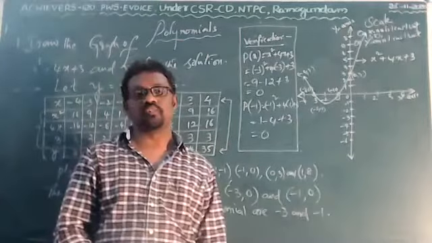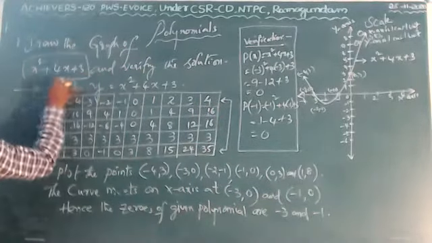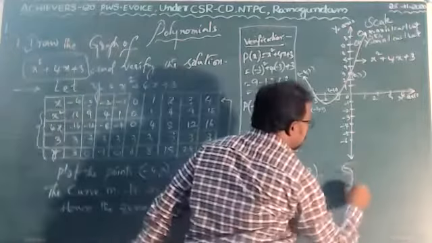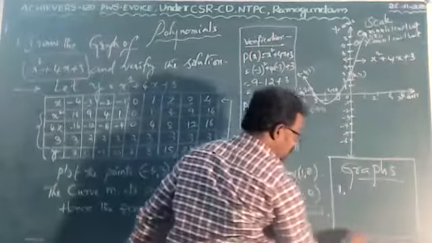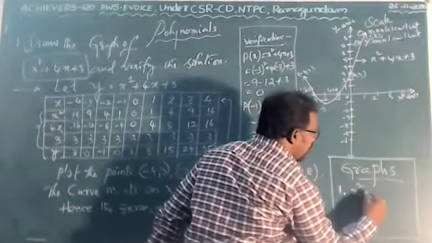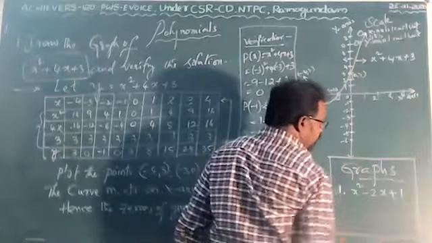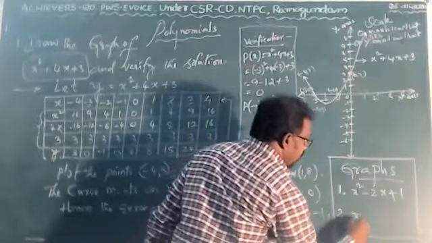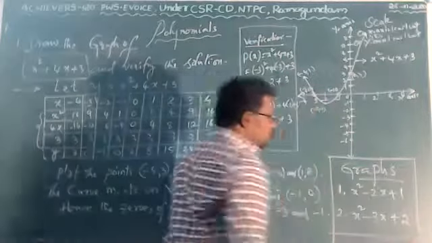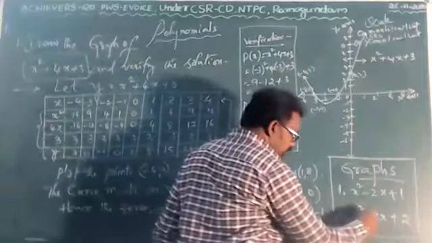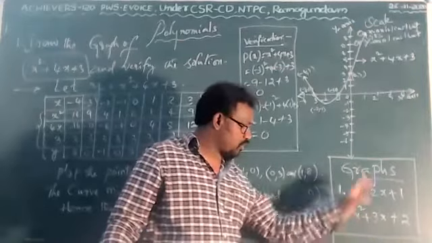Now take the 2 questions. I am writing them directly, both on graphs. x square minus 2x plus 1, and x square plus 3x plus 2.